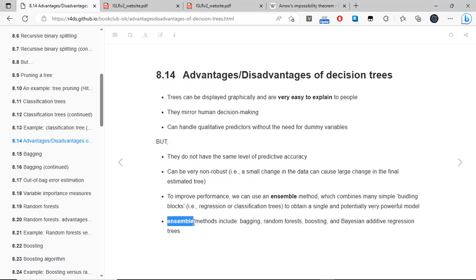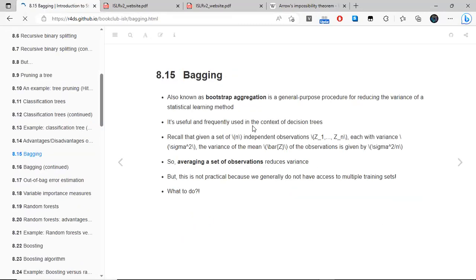So in particular for trees, we have these types of ensemble methods. We're going to look at bagging, also random forest, then boosting, and finally one that is related to Bayesian analysis. So let's start with bagging. It's shorthand for bootstrap aggregation.